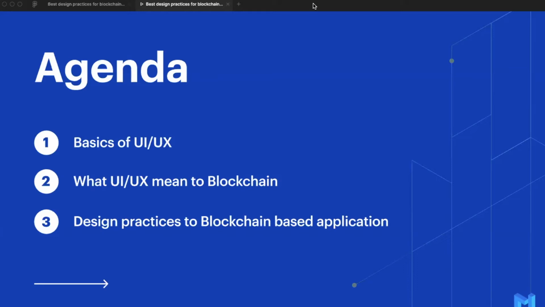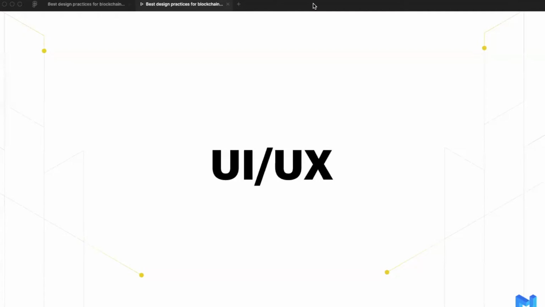So if we start with the UX topic, many people have already heard about UX. Let's start with what UI means and what UX means in design. UI stands for user interface, where the user interacts with your product.